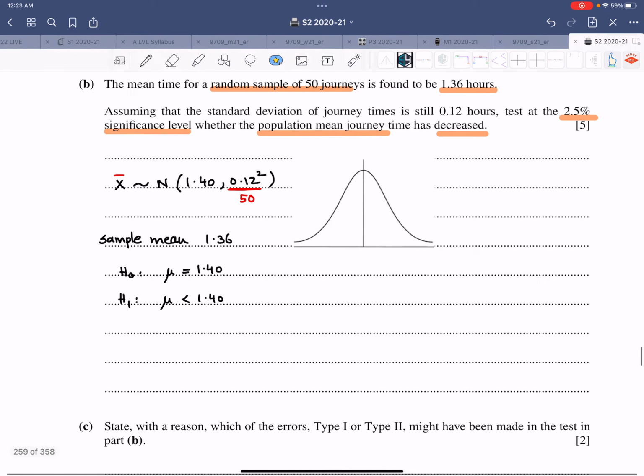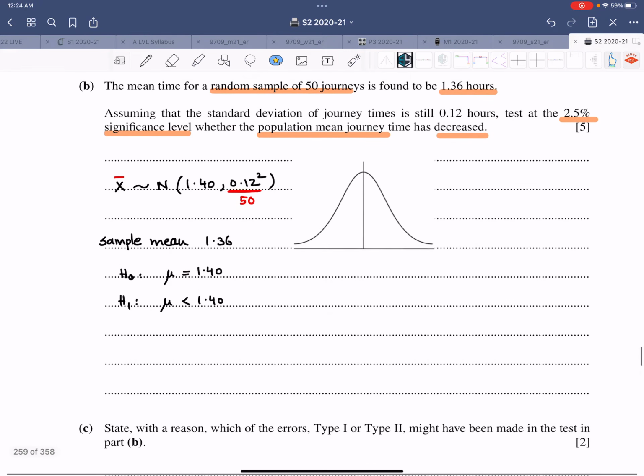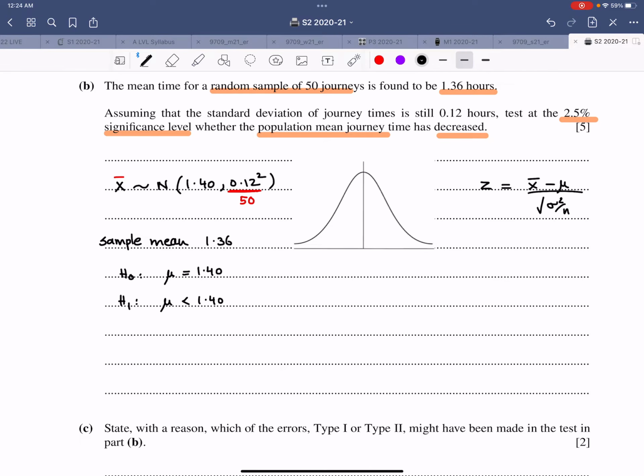Now what is the calculation that we will do? We will calculate the z value. Z is x bar minus mu, divided by the square root of sigma squared over n, which is 1.36 minus 1.40 divided by the square root of 0.12 squared over 50.